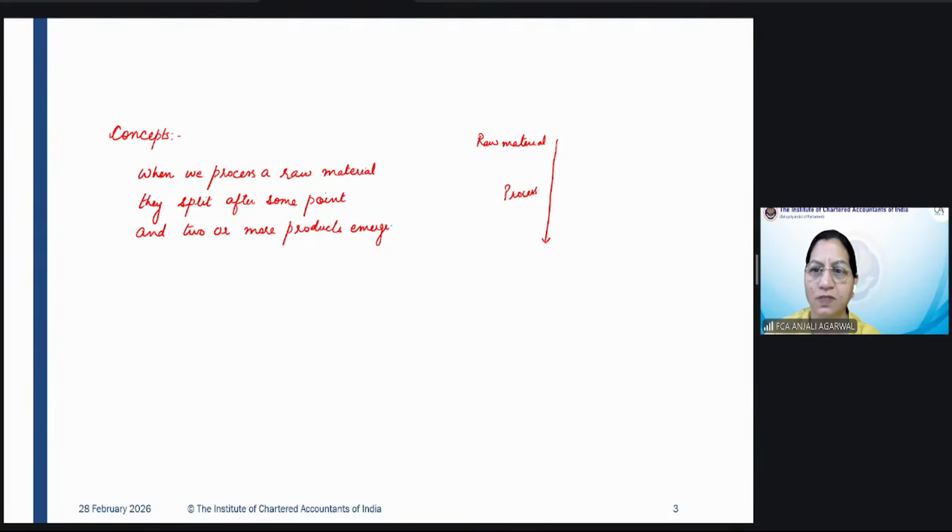When it undergoes this process, after some time, it gets split into two or more products, let's say A, B, and C. In that case, it is possible that all the products are of equal importance.